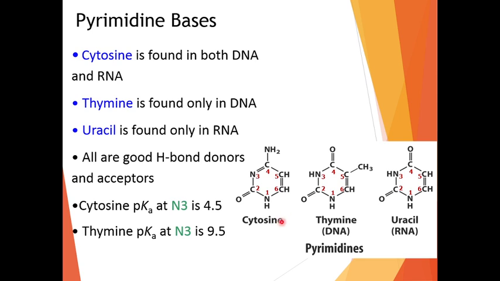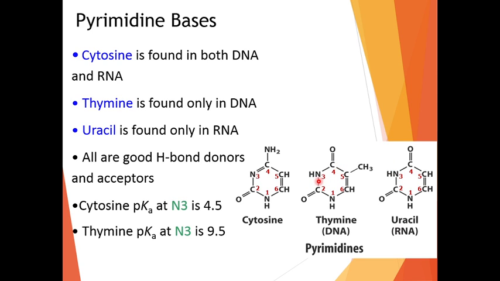Cytosine pKa at N3, that is shown here, is about 4.5, whereas thymine at N3 is about 9.5. That's a huge difference. And one of the main reasons for this difference is that this NH is flanked between 2 carbonyls. So it could be either thymine or uracil.